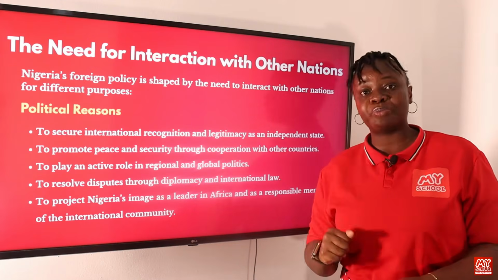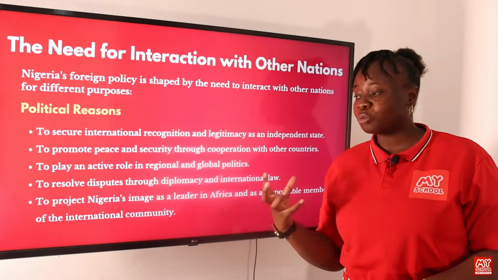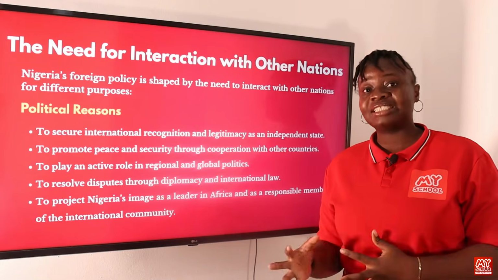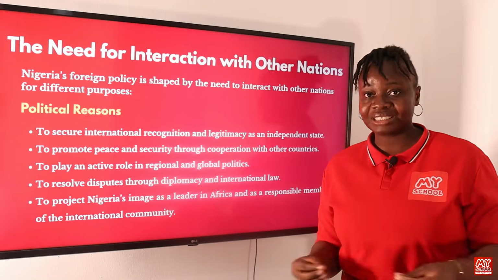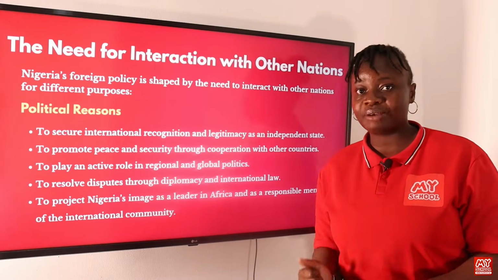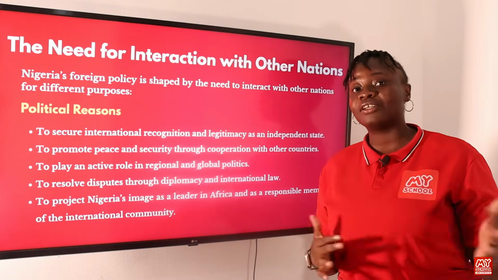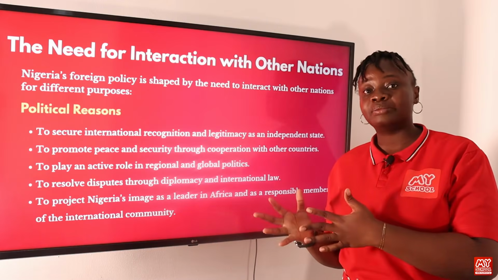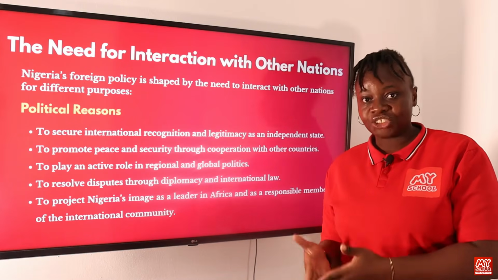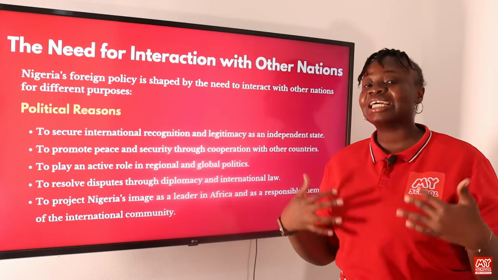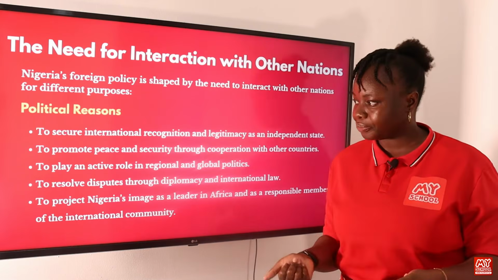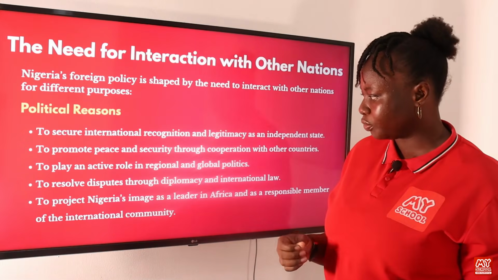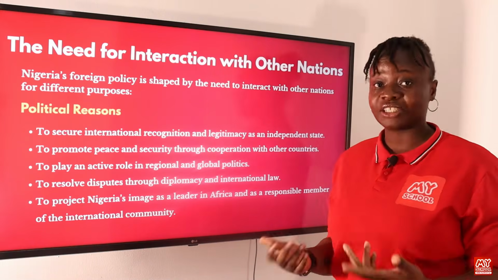For example, Nigeria being a member of ECOWAS, they help to ensure that there is this economic relationship with other West African states. They ensure that there is trade liberalization so that other nations of the world can come and trade within the states. And Nigeria can also trade within those countries, and this can help to develop the economy of the country. It also helps to resolve disputes through diplomacy and international law.